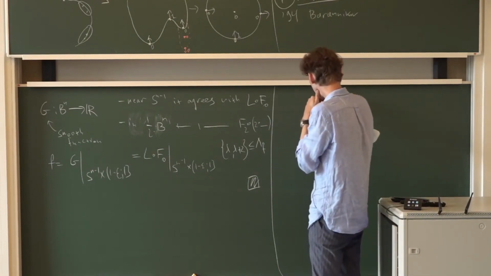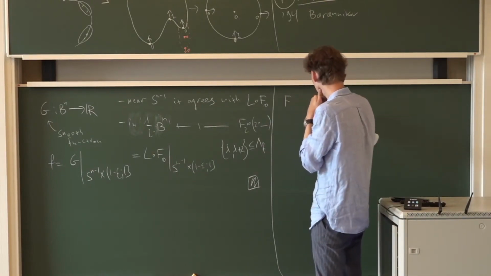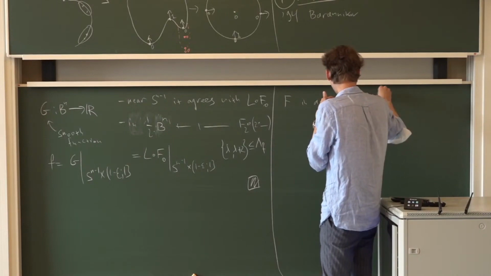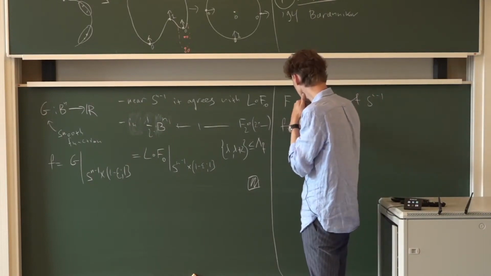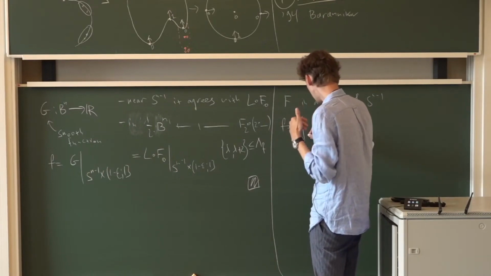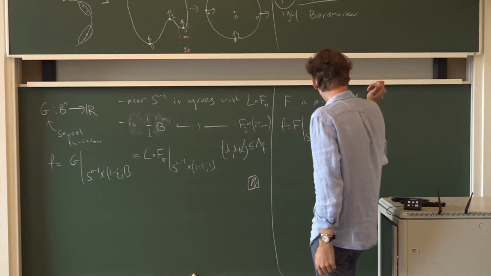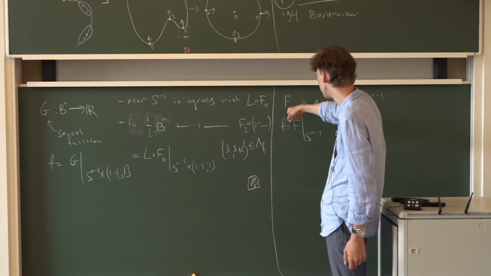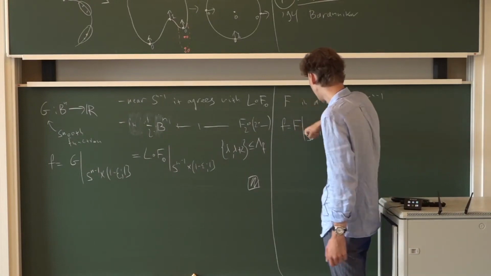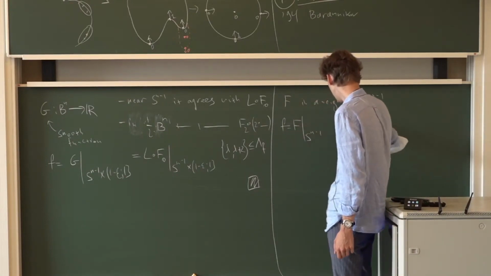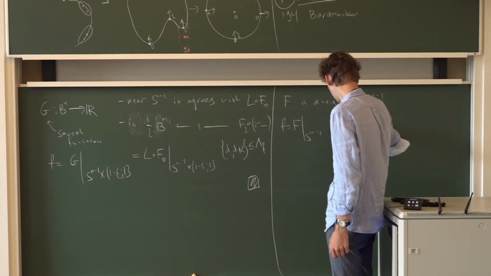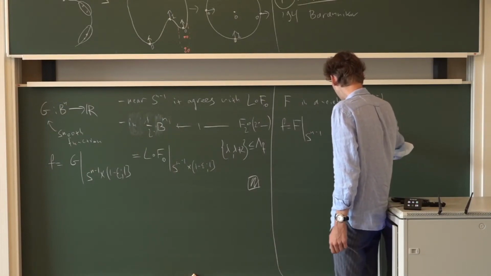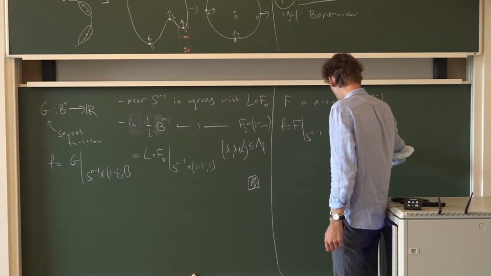Okay, so suppose you have a function f in a neighborhood of the unit sphere, and let's denote by small f its restriction to the unit sphere. And let's say that there are no critical points of the large function f at the unit sphere, so df never vanishes on the unit sphere.